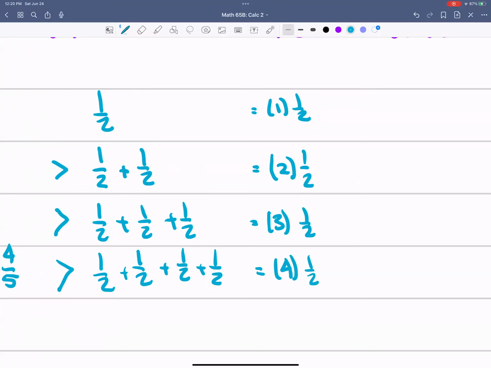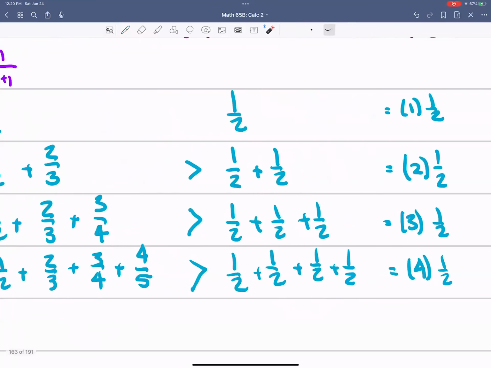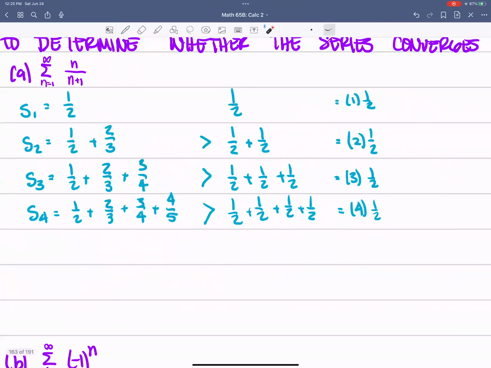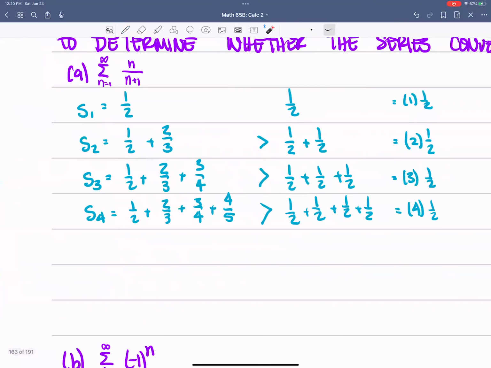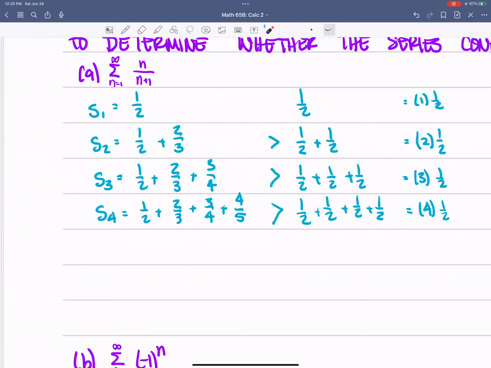And all of these values are smaller, actually significantly smaller as we keep going along, than the values that we came up with over here. Because of that, I know that these are going to be smaller. So if this diverges while it's smaller, we know that this is also going to diverge.